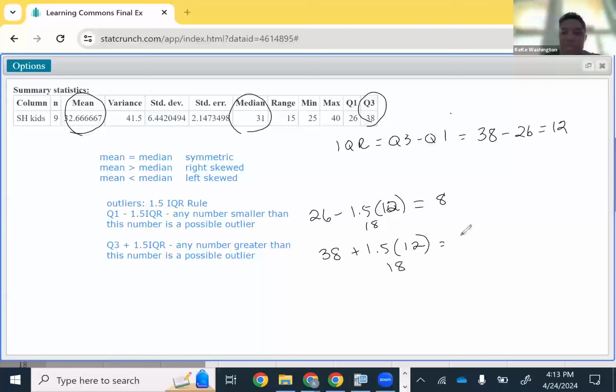And then 38 plus 18 is 56. So any kids younger than 8 or older than 56 would be possible outliers. All right, so let's go and take a look at the data. And I'm pretty sure Steve Harvey didn't have any kids that were that old or young.